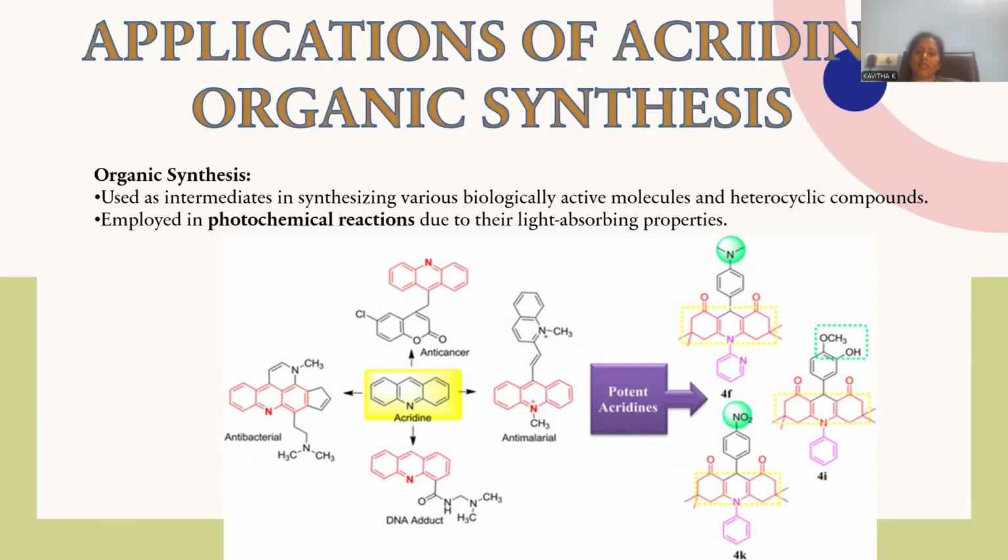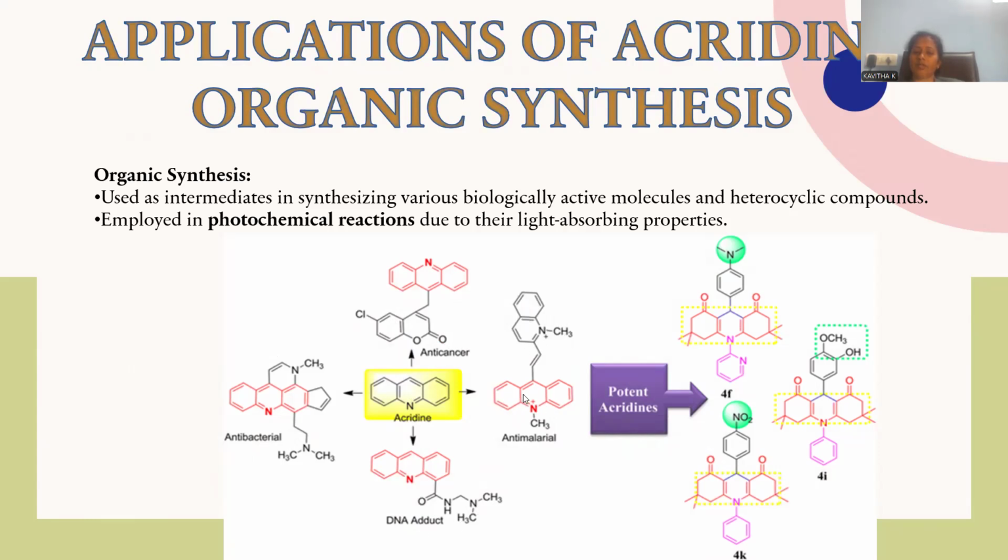Organic synthesis: these acridine molecules are very essential. Acridine is taken as a key synthon in order to manufacture multiple pharmacological agents. An anti-cancer agent can be fabricated conveniently by introducing coumarin over this acridine, and an anti-malarial agent will be made by blending this acridine with a quinoline molecule.